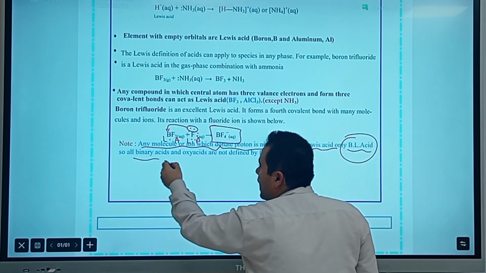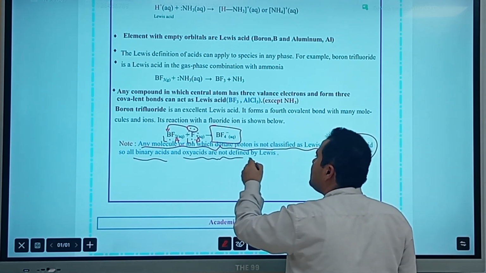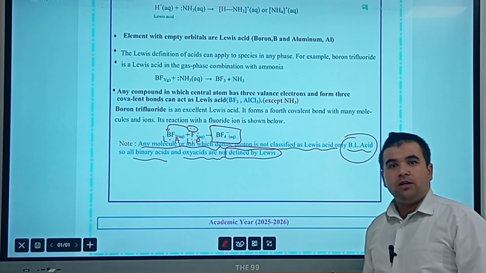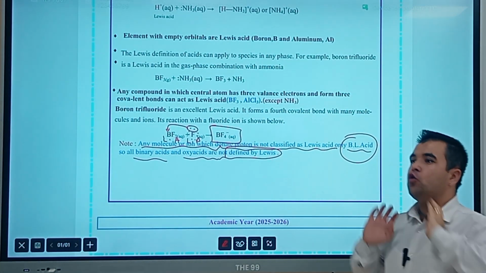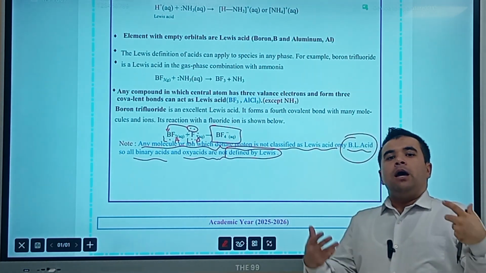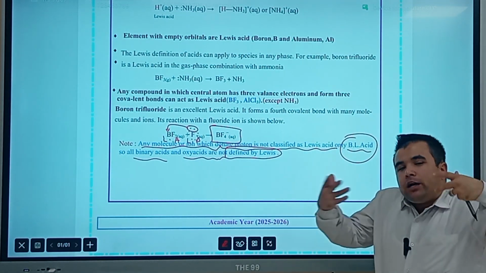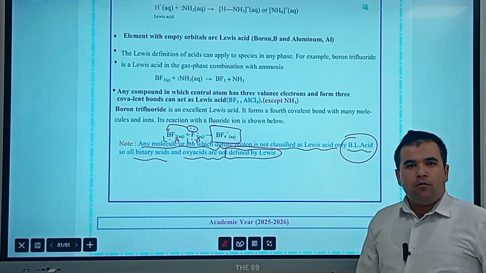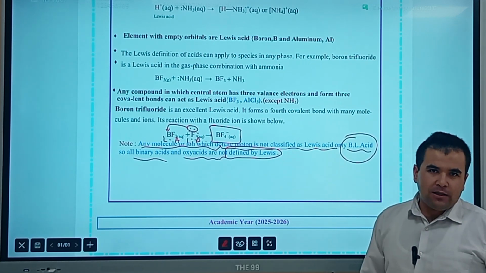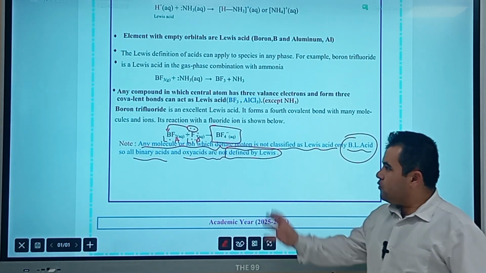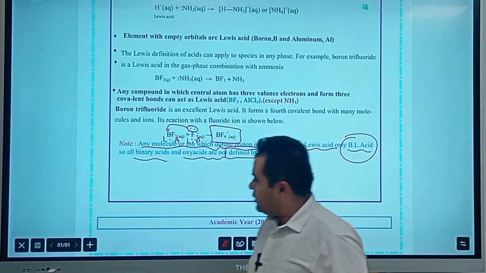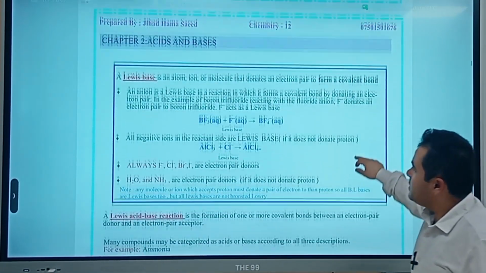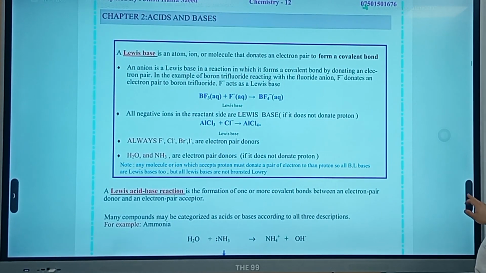So all binary acids and oxyacids are not defined by Lewis's definition. The binary acids and the oxyacids donate protons, so on the contrary they will not accept a pair of electrons. If they do not accept a pair of electrons, they cannot be classified as Lewis acids. So you have to know this note.